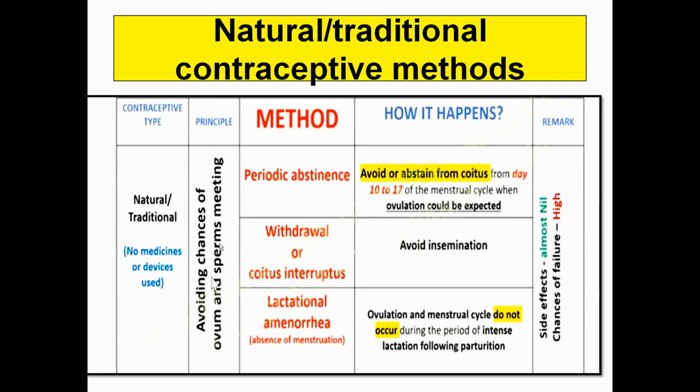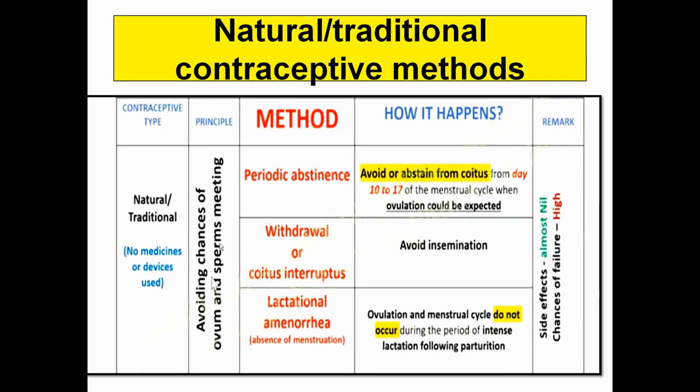Next is avoiding insemination. This is a commonly practiced natural method. It refers to avoiding insemination: at the time of ejaculation, when the sperms are going to be released inside the vagina, the penis is withdrawn from the vagina.